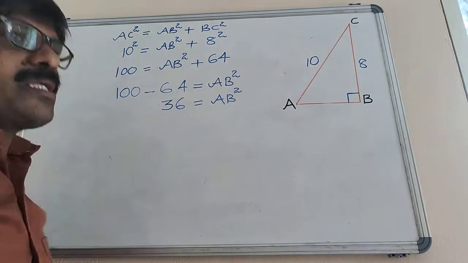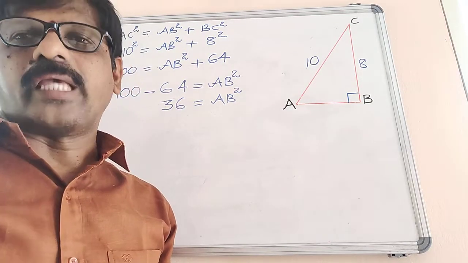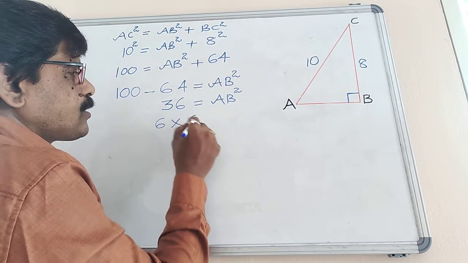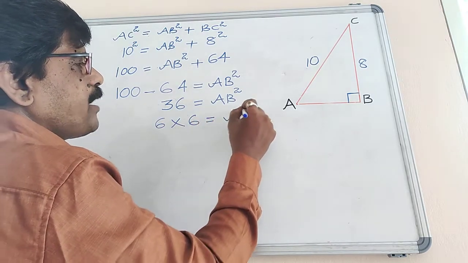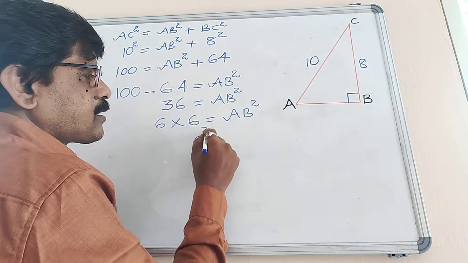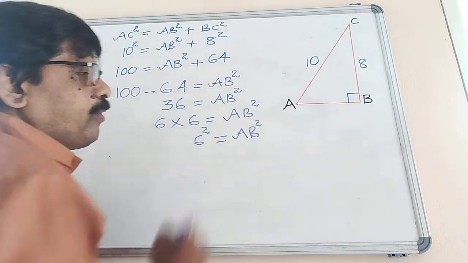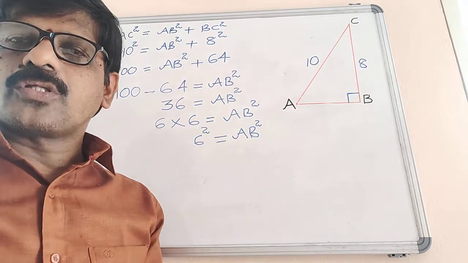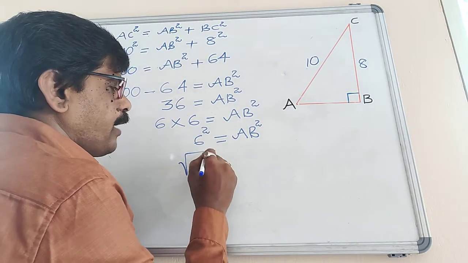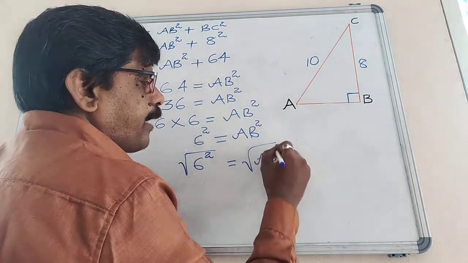Now 36 has two equal factors, 6 into 6. So 36 can be written as 6 into 6, which is 6 square, equals AB square. Now taking square roots on both sides, 6 equals the square root of AB square.